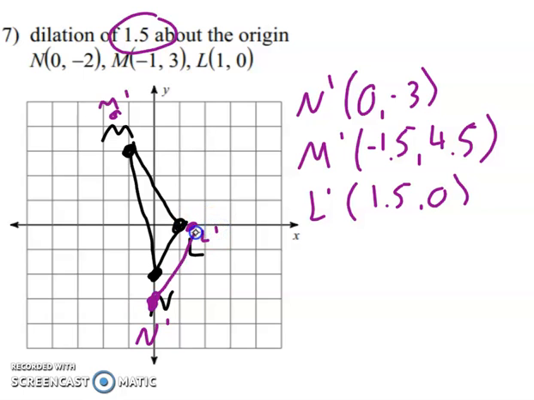You can see that is a horribly curved line that was supposed to be straight. But as you can see, the purple figure is larger than our pre-image, the black figure, because the scale factor is 1.5, which is bigger than 1, so our purple figure is going to be bigger than our pre-image.